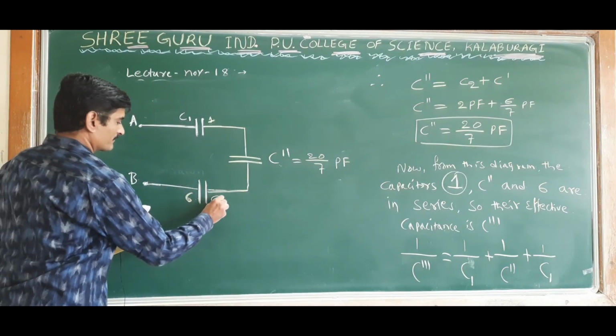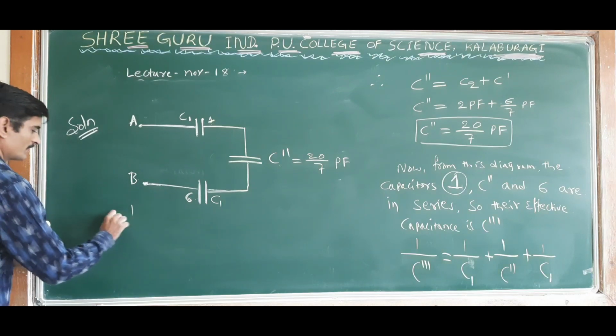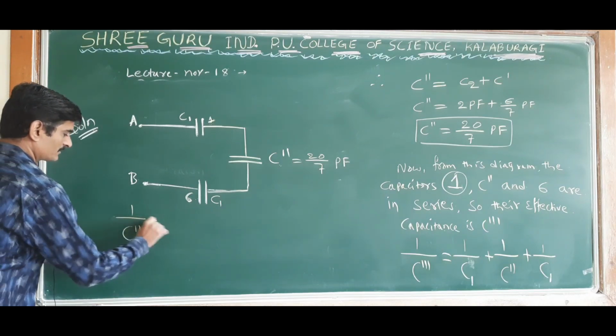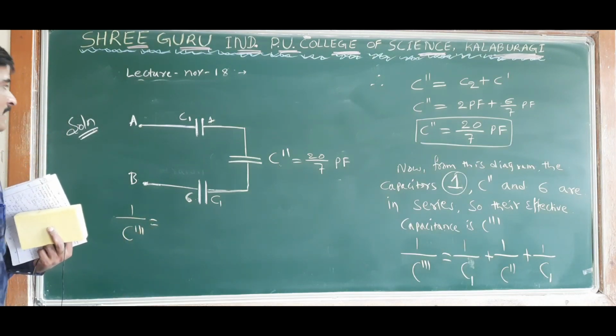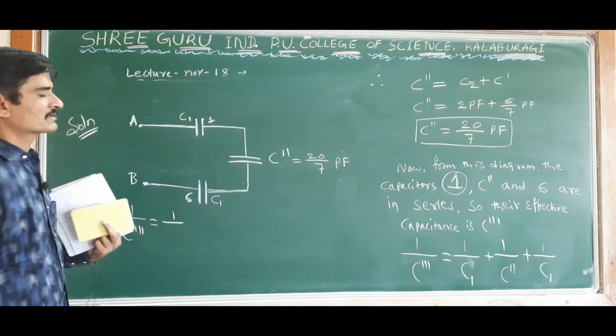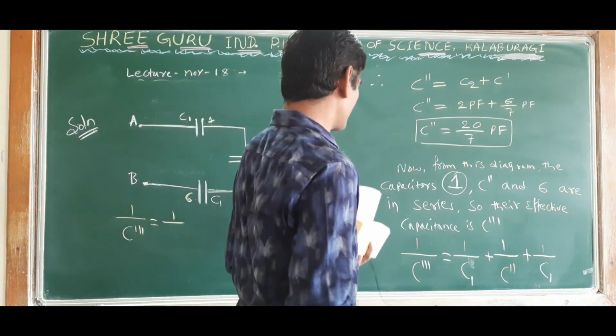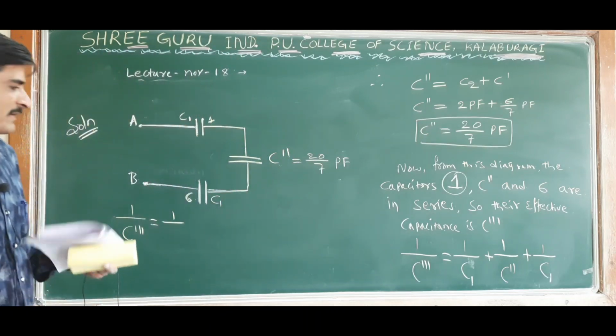So 1 divided by C triple dash is equal to 1 by C1 plus 1 by C double dash plus 1 by C1. The C1 value is how much? C1 value is 3 picofarad.